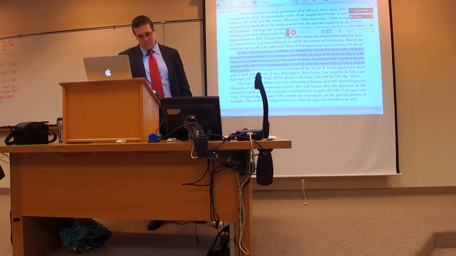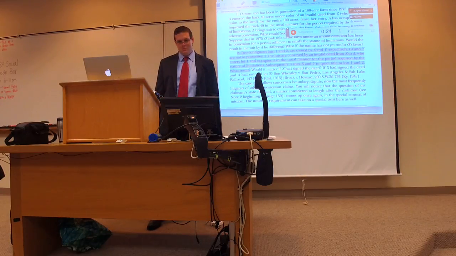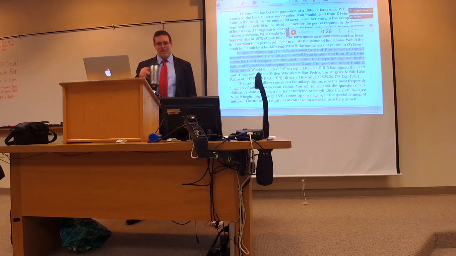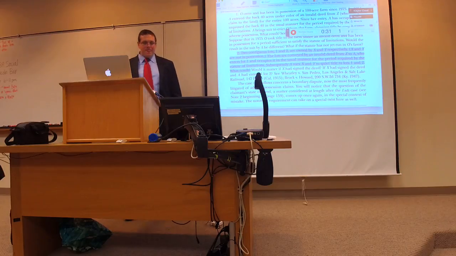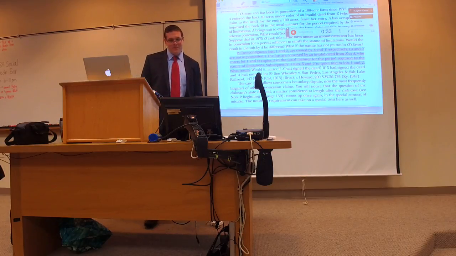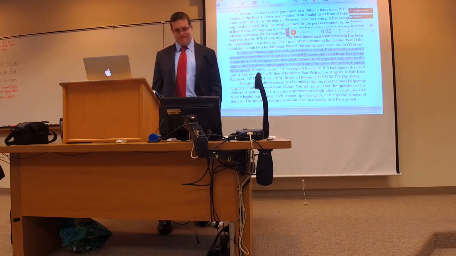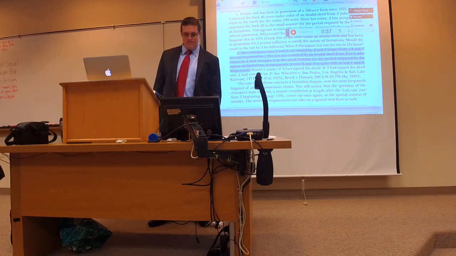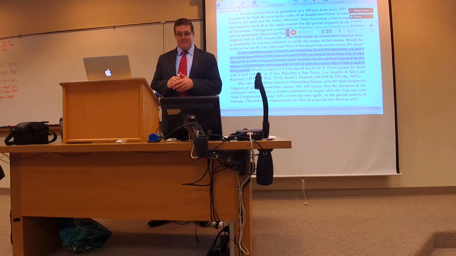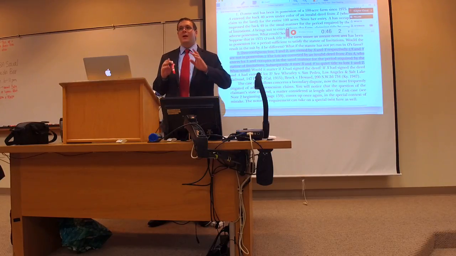The lots are conveyed by an invalid deed from Z to A. A enters lot 1 and occupies it in the usual manner for the period required by the statute of limitations. Subsequently, A sues X and Y to quiet title to lots 1 and 2. What result? Okay, so stop right there.